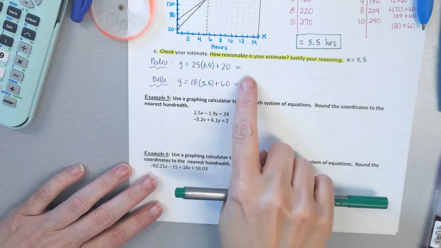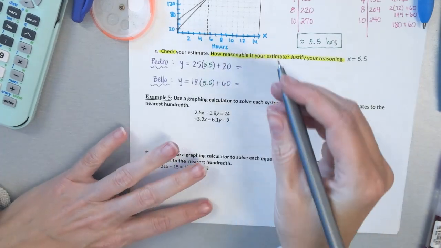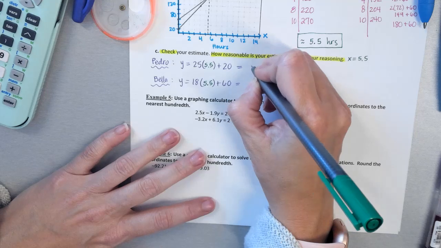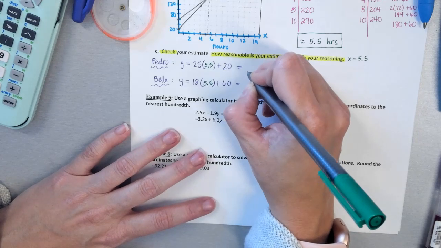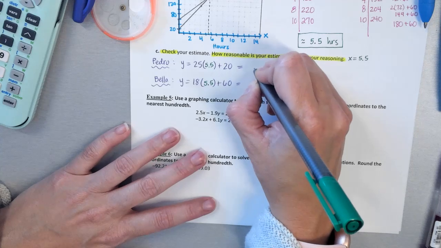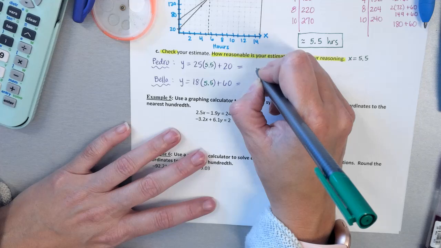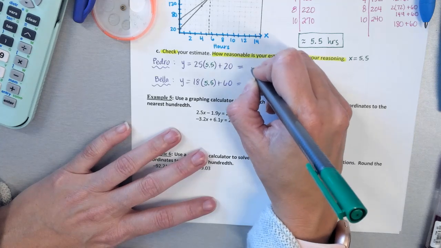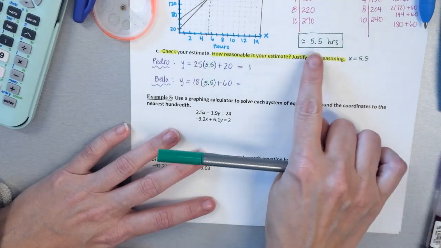All right, and what do we get for Pedro? What is our number when you get there? I got 5.5. Yeah, 5.5.